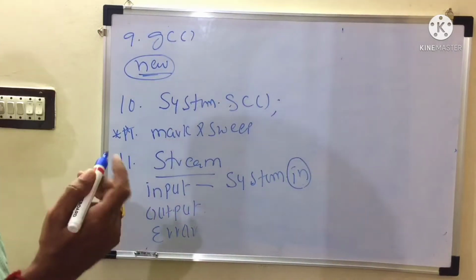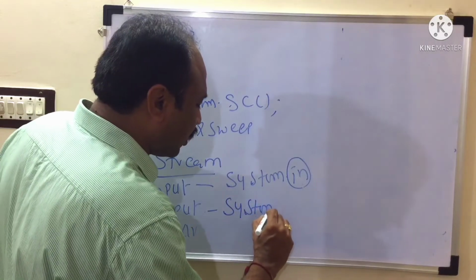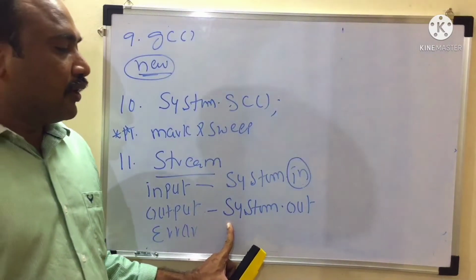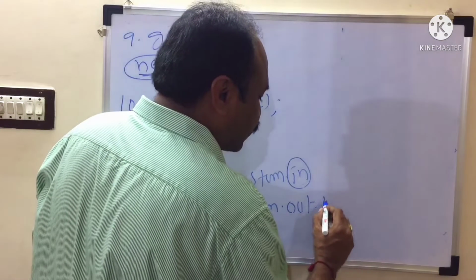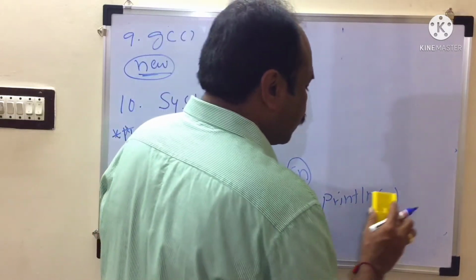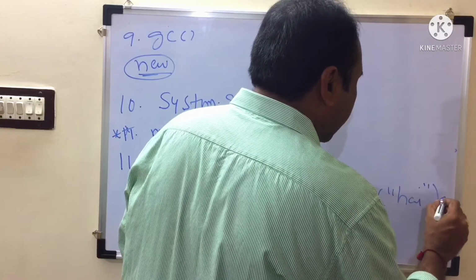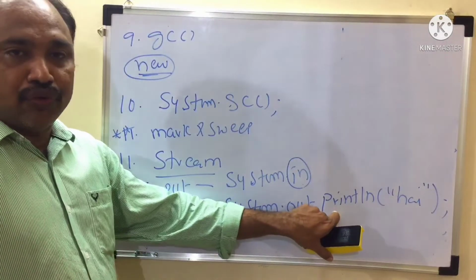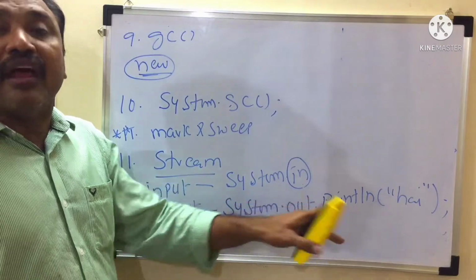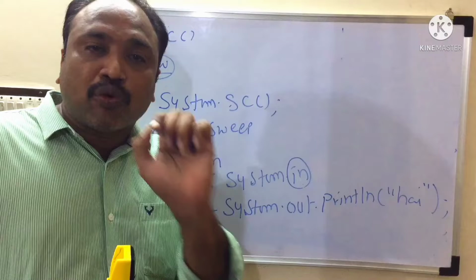Output stream, output flow of data. When you use System.out, System is a predefined class. To print output in Java, we use System.out.println. System.out.println("hi"); hi will be printed. This println method is used to print data. Where will it print? It can print anywhere. Java is designed to develop internet-based programming.